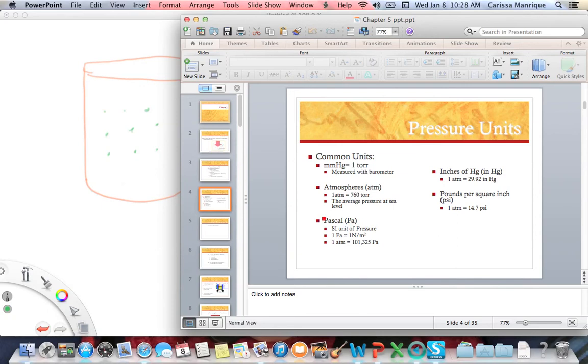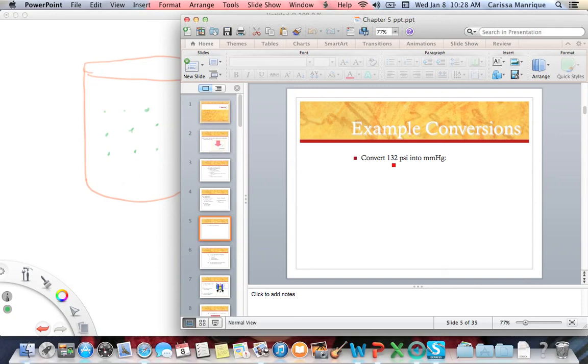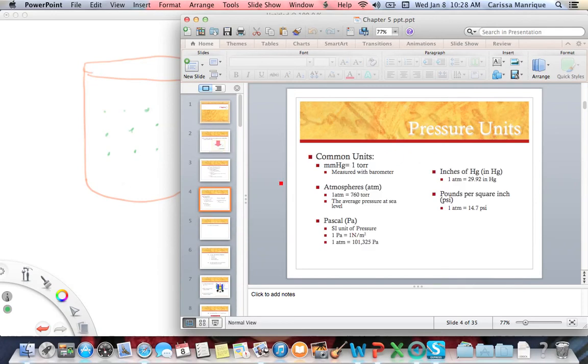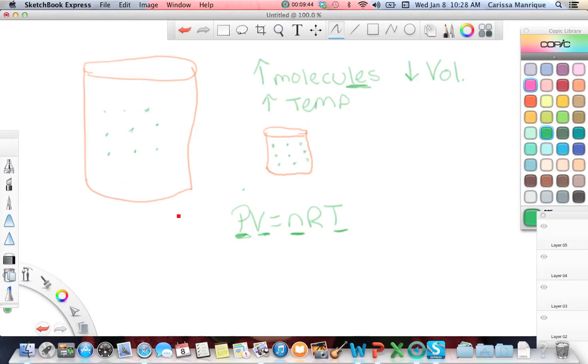So let's just kind of do one conversion really quick. So 132 psi into millimeters of mercury. Let's just do it down here. 132 psi. So remember, we're going to have to put psi down here because we want to cancel that out. We're trying to get to millimeters of mercury.